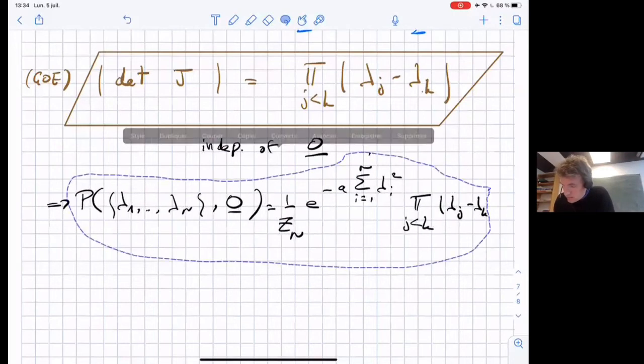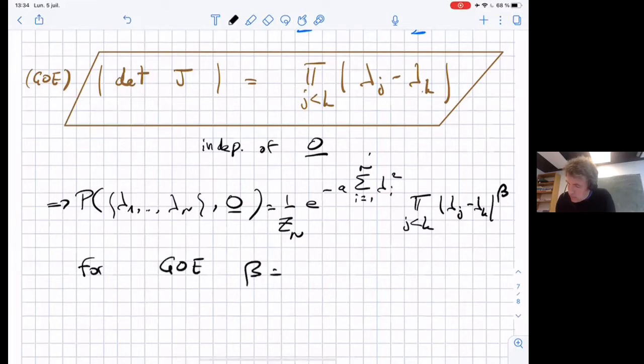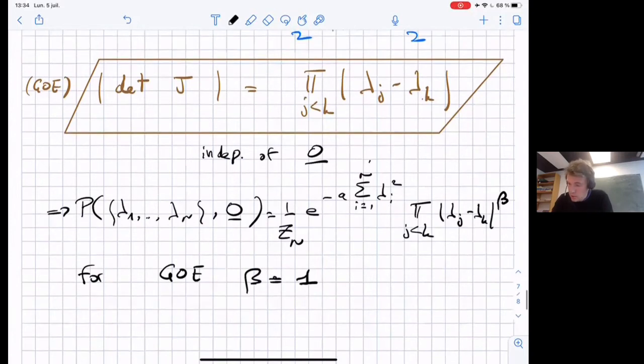So you have this nice expression. Let me write it in this way. I've introduced here a power beta. For GOE, beta is equal to 1, so that's exactly what I showed you here; the 1 is just this guy.